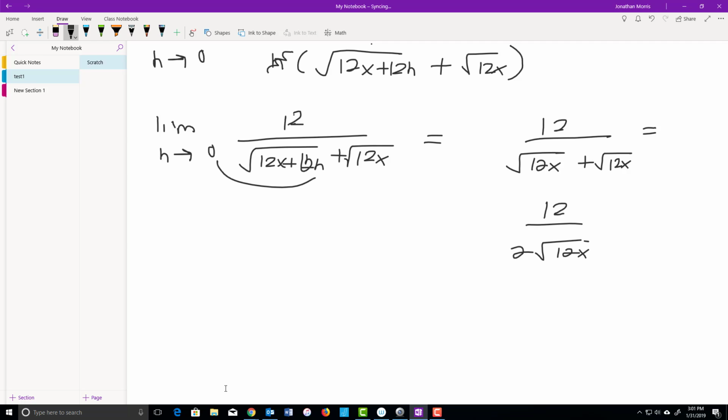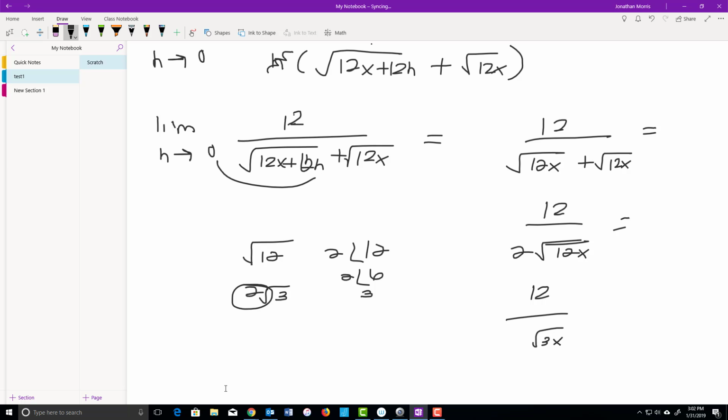I want to see if that square root of 12 reduces quickly. 12 is 2 times 6, which is 2 times 3, so the square root of 12 is really equal to 2 square roots of 3. So 12 over 2 square roots of 3x, and then this 2 multiplied by this 2 turns into 4. So 12 divided by 4 is 3, over the square root of 3x.